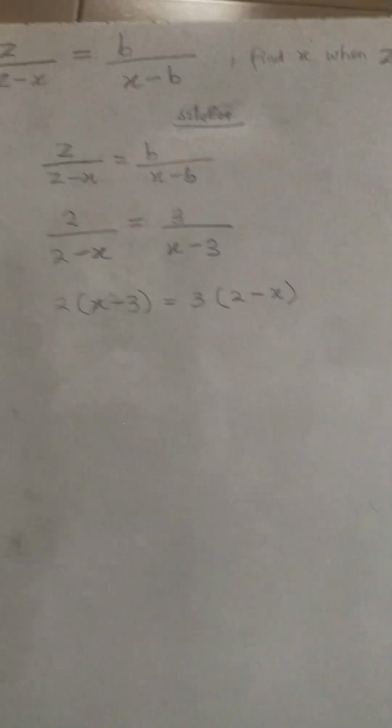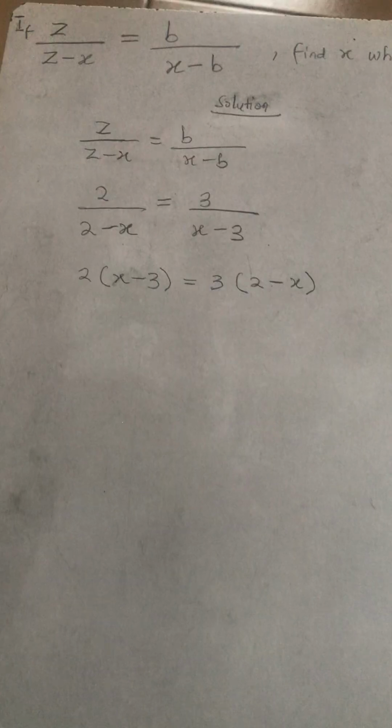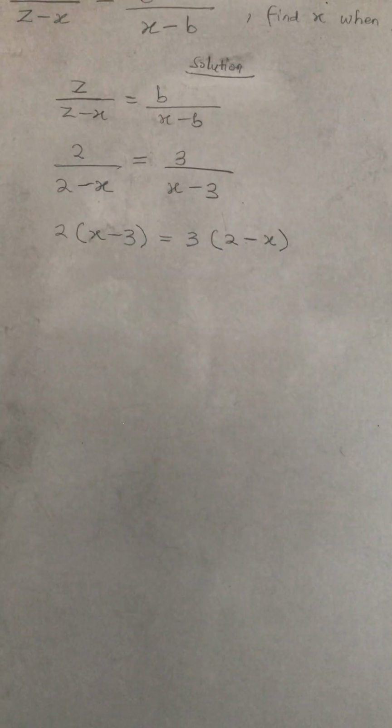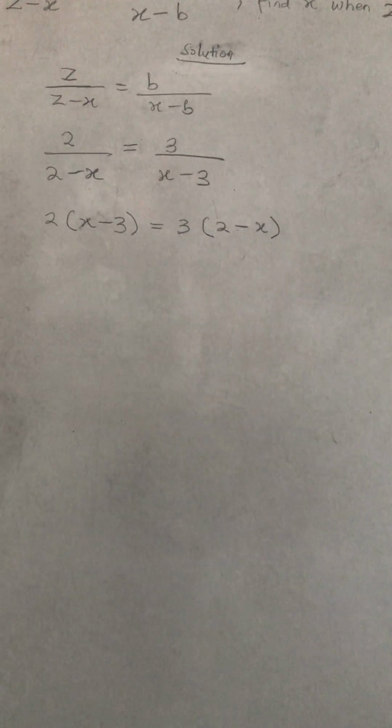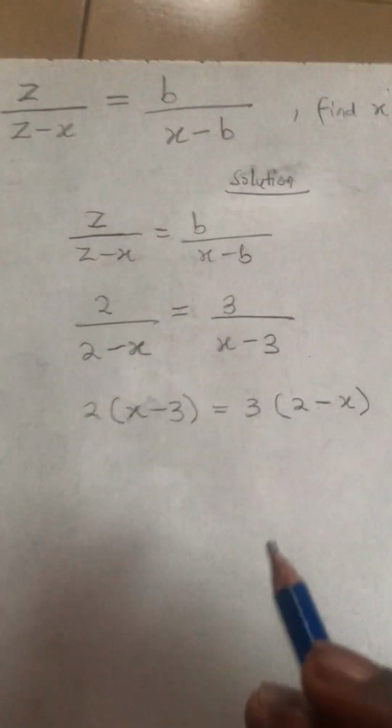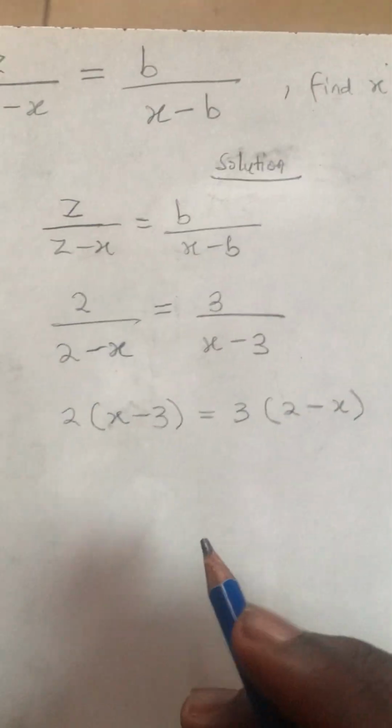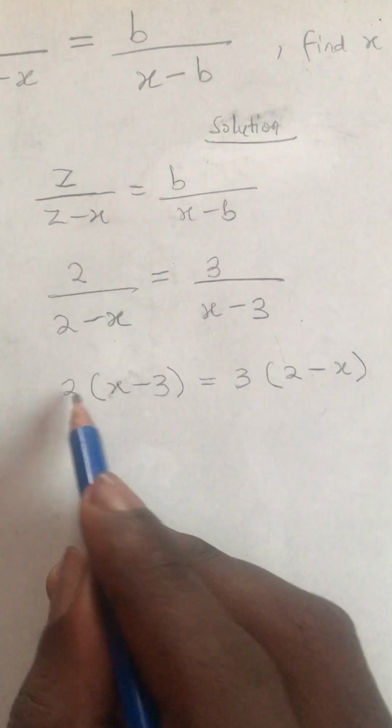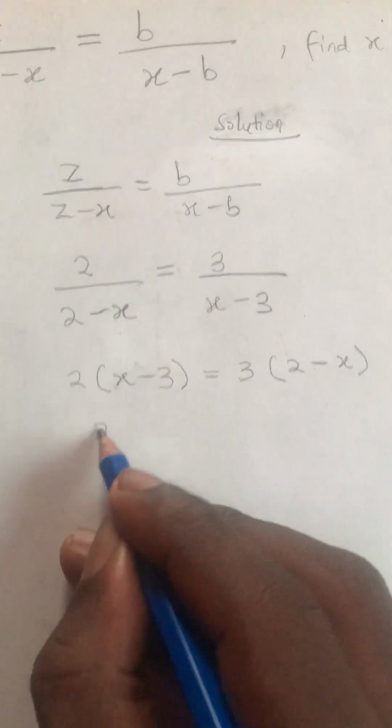So here we simplify, and in doing so we simplify by expanding. So 2 multiplying x will give us 2x.